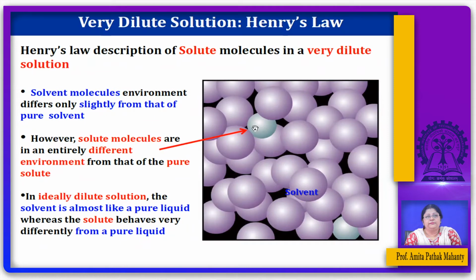For an ideally dilute solution, for which Henry's law is valid, it is going to be valid for a solute which has an environment entirely different from that of the solvent molecules. You see, solvent molecules are the majority.